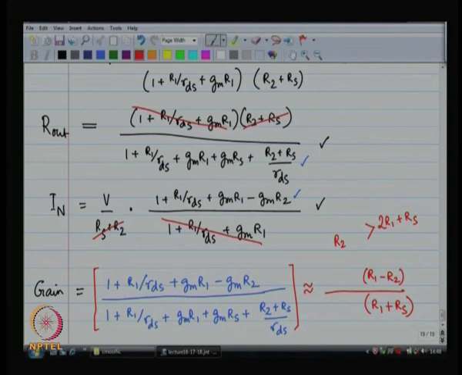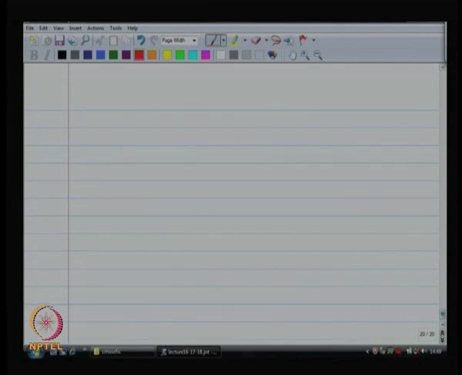If you want to incorporate body effect, all you have to do is substitute GM by GM plus GM body, right. Remember to do that. And you have got a very accurate low frequency equation, description of the circuit.